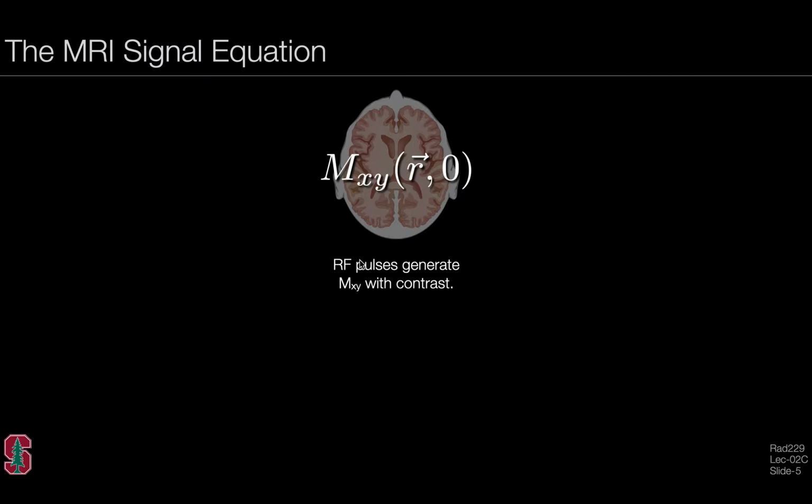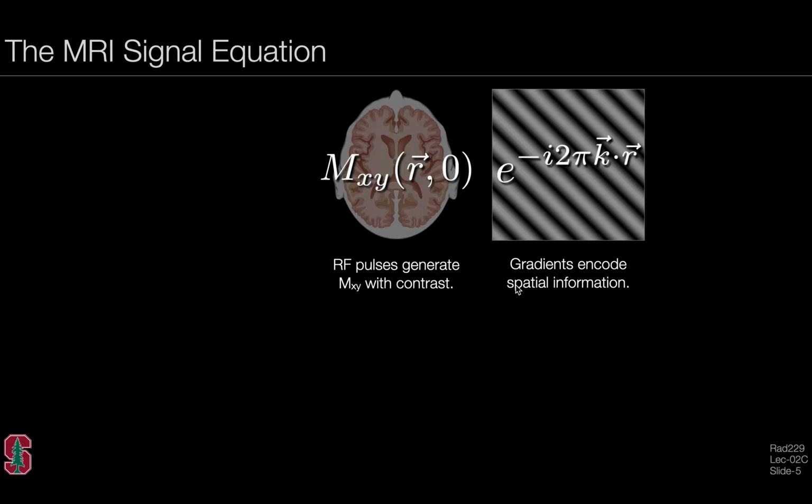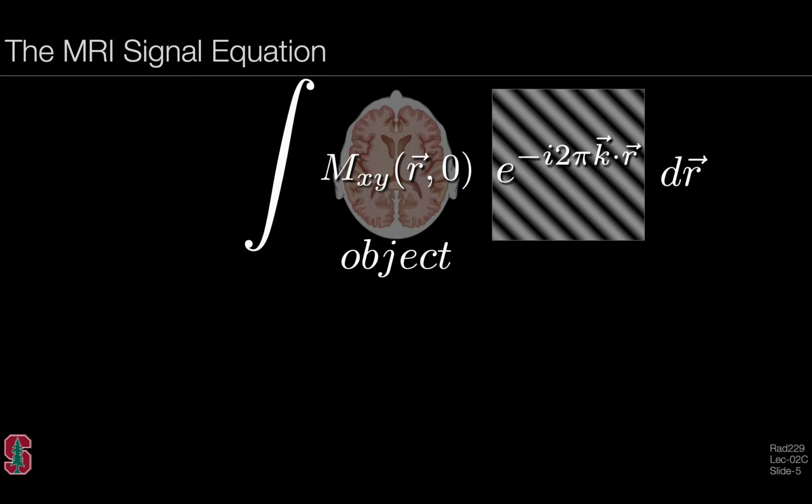So having prepared the magnetization to generate some state of transverse magnetization as a function of space at a particular time 0, we then apply gradients to encode the spatial information. And these gradients take on the following mathematical form, which will become a little bit more apparent as this lecture develops. It's Faraday's law of induction that allows us to integrate all of this information into a single recorded signal.